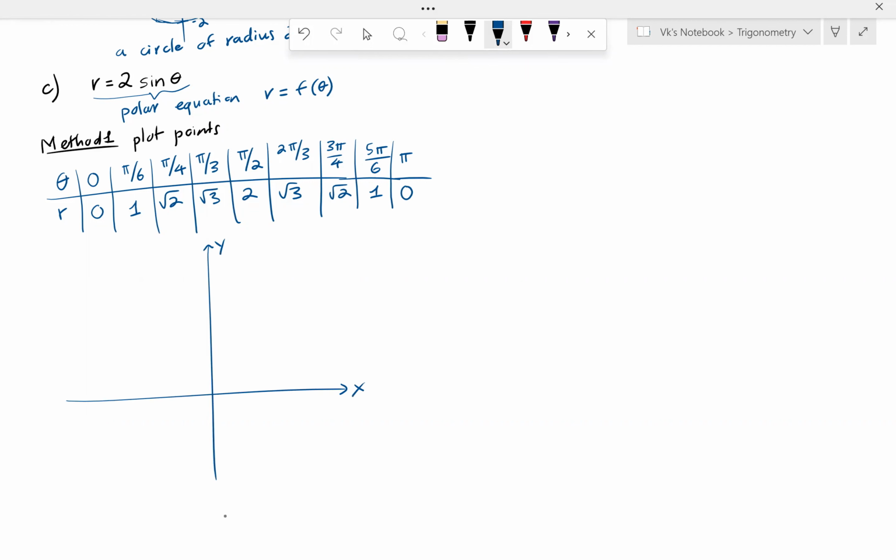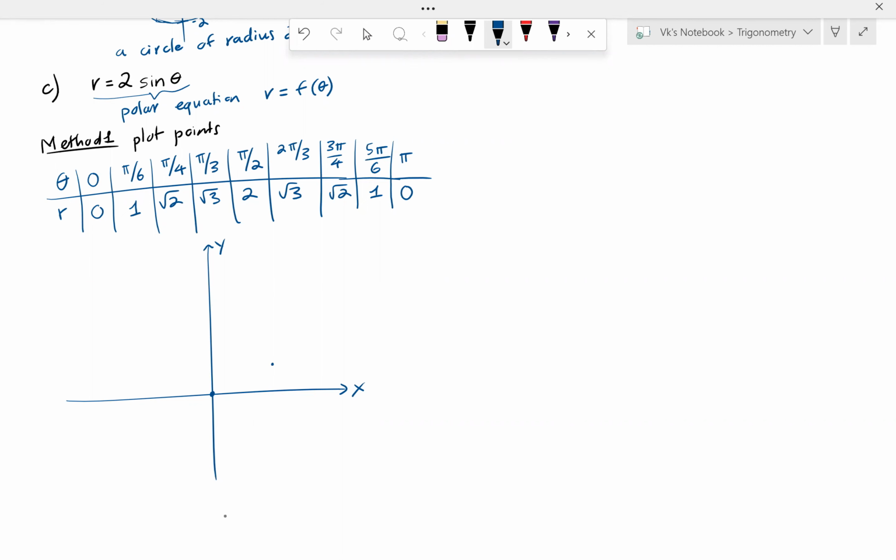X, Y. We go from 0 back to 0. Sine of 0 is 0. Sine of pi over 6 is 1/2.